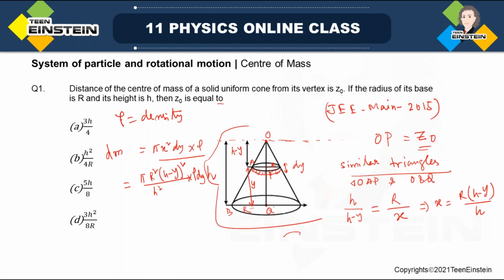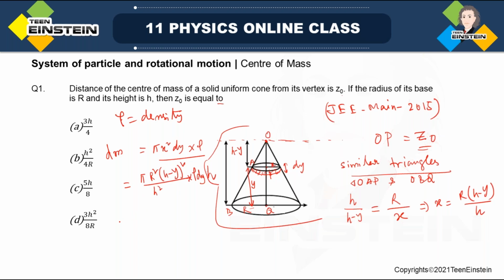Suppose I have this disk, then a bigger one than this, and this will give you a cone structure. If I combine all such disks together, I'll get a cone. So I have got the mass of the elementary disk, dm.